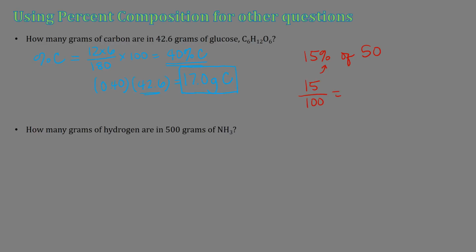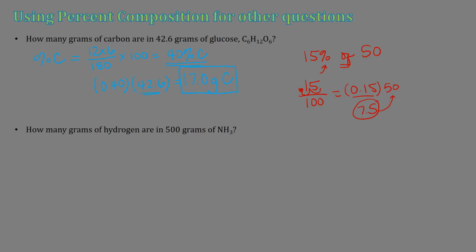So that would be 0.15, because if you divide by 100, you're dividing by 10 twice, which moves the decimal back 2 places. So that's 0.15 of 50, and 0.15 times 50 would give you 7.5. So 7.5 is 15% of 50.